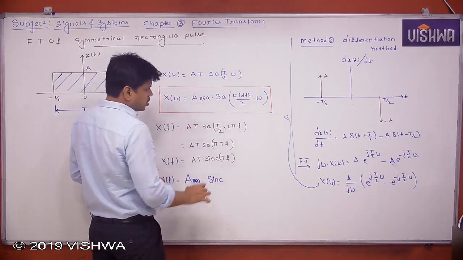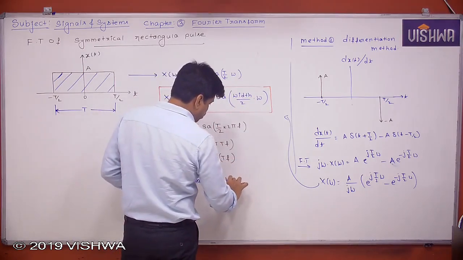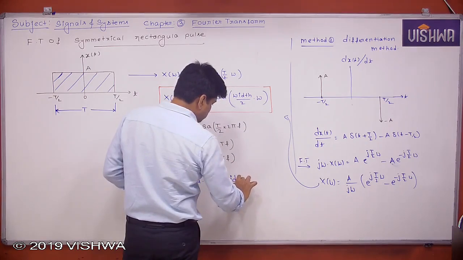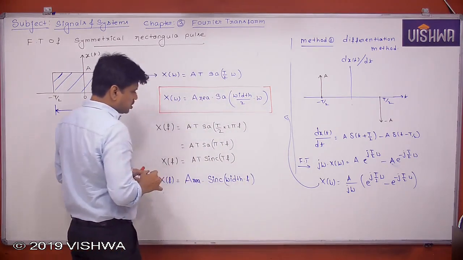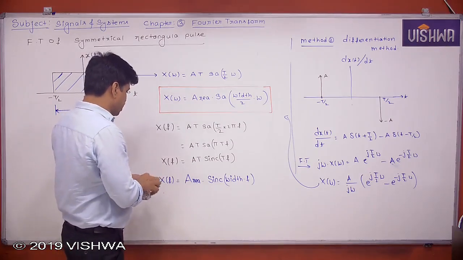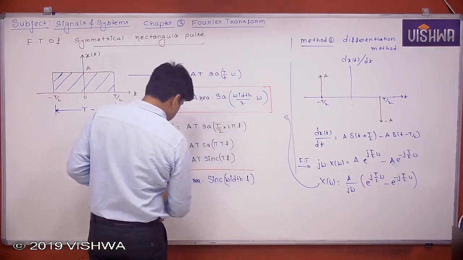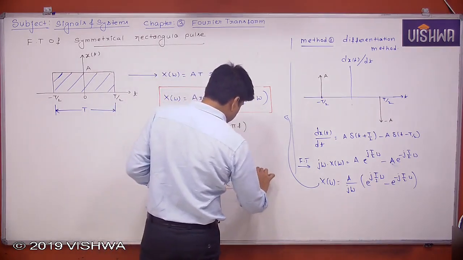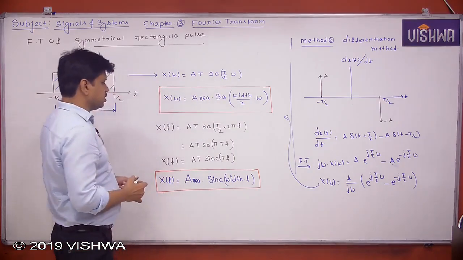Instead of taking width by 2 here, we have to take directly the width only, width into f. So this is X of f.